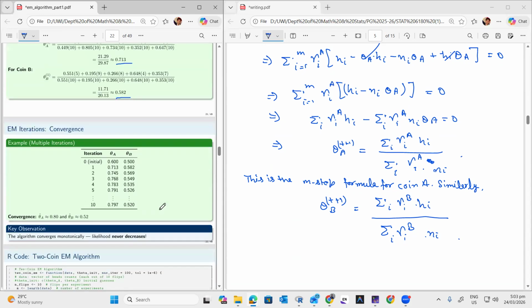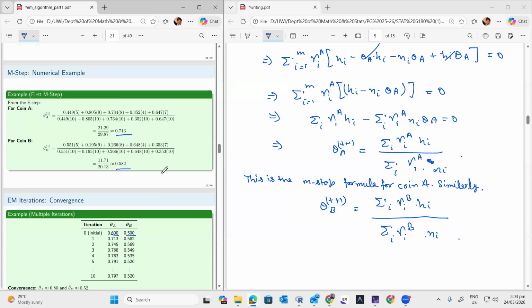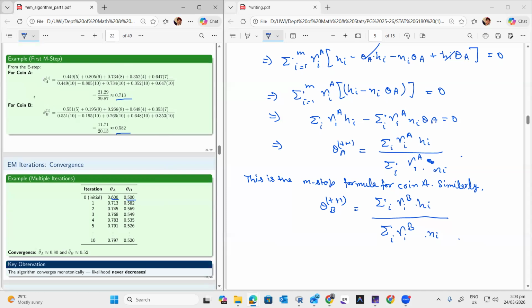Okay, so for the initial values, you started with 0.6 and 0.5. But after this maximization, you got the probability for coin A as 0.713 and for coin B as 0.582.